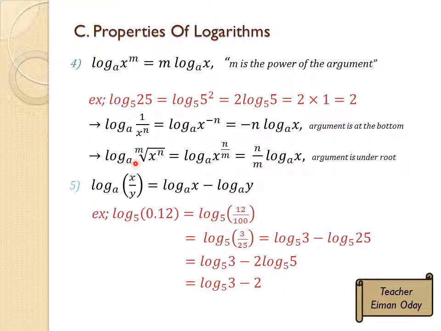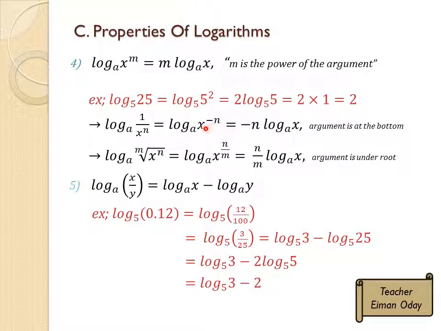Now, what if the argument is a fraction and the power is in the denominator? This is not something complicated. It is not difficult. I just switch the value and put x power n in the numerator.